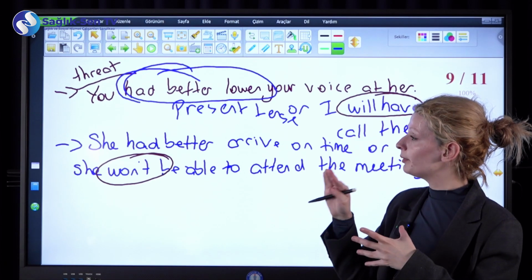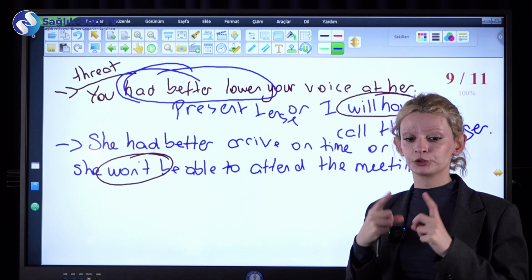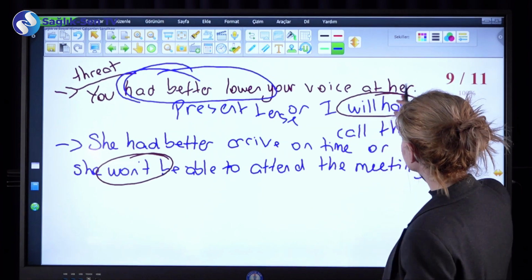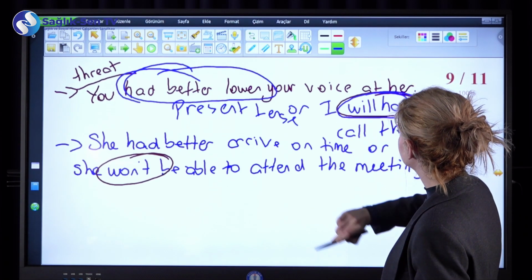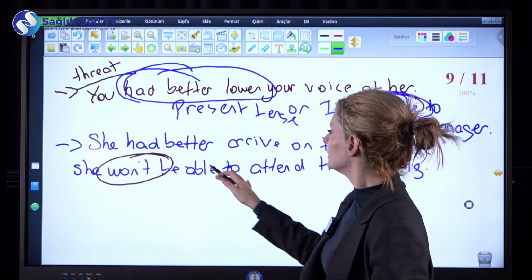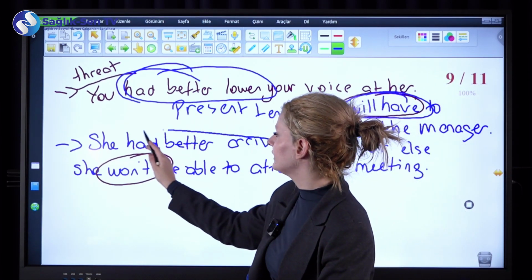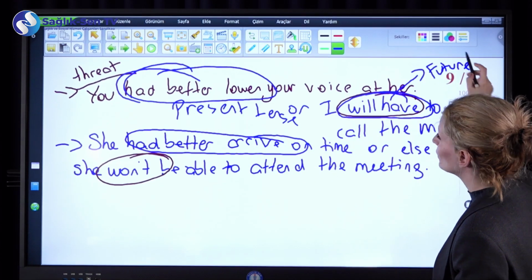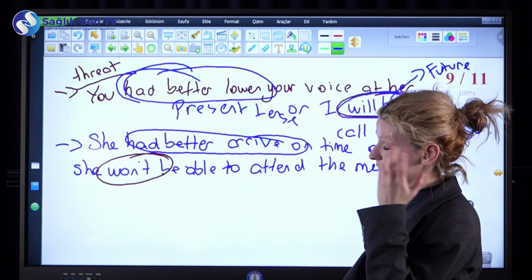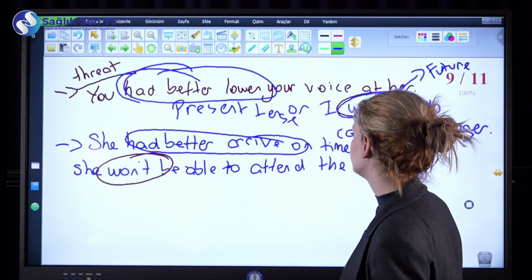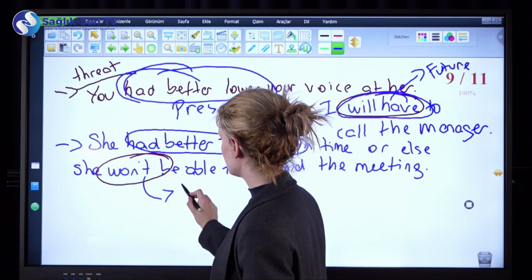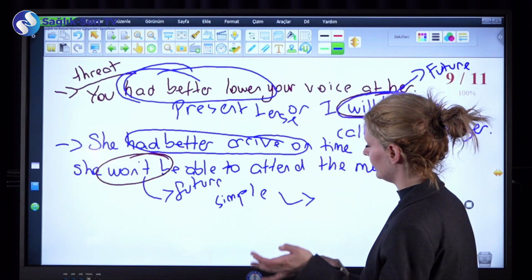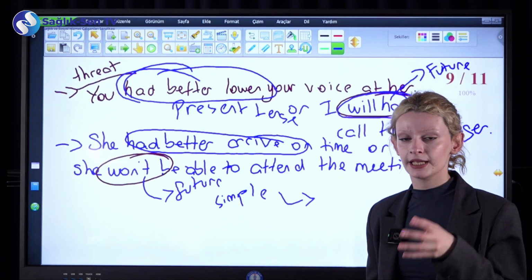Even though it looks like past, no, it represents strong advice or threat, belongs to today. And in the second sentence, you can see the future simple. She had better arrive on time. Again, I can see my present. Here, this is future simple, which refers to the present tense family. She won't be able to attend the meeting is also future simple, which again belongs to the present tense family.